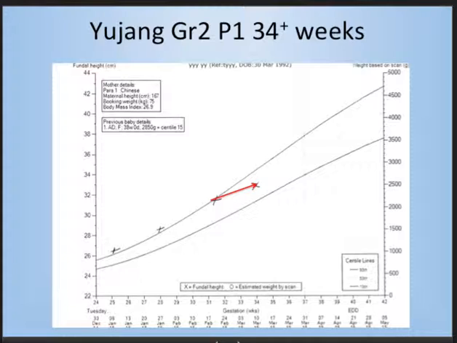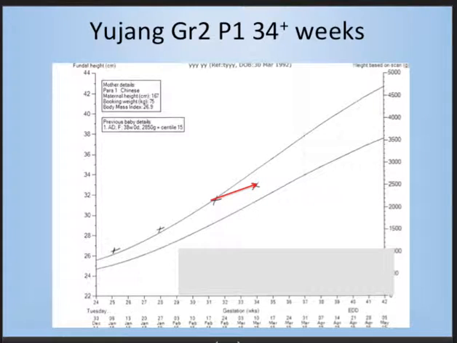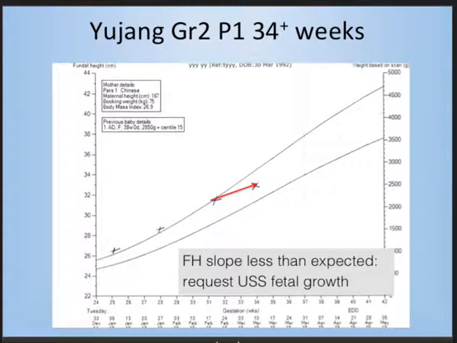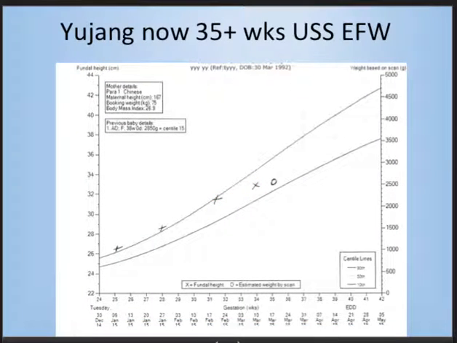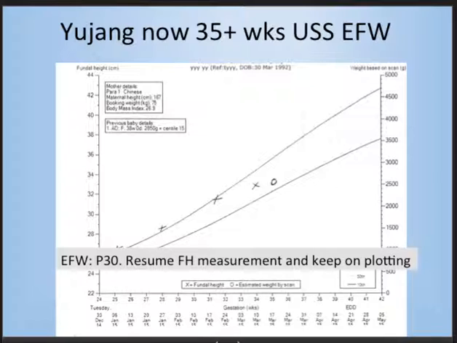The last two measurements, combining the two, the trend is less than the expected one, so we would request an ultrasound scan for fetal growth. Here is your ultrasound scan. The ultrasound scan is on the 30th percentile, AFI and Doppler were normal, so we resume to measure the fundal height and keep on plotting.